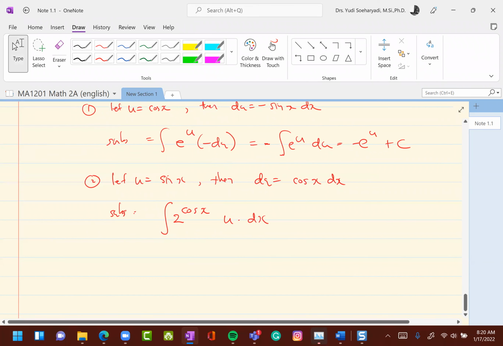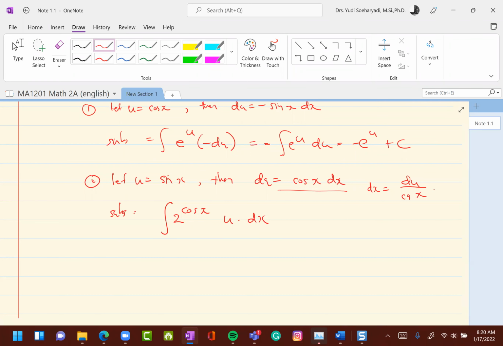And dx is, from here, du over cosine of x. So it's getting more complicated.